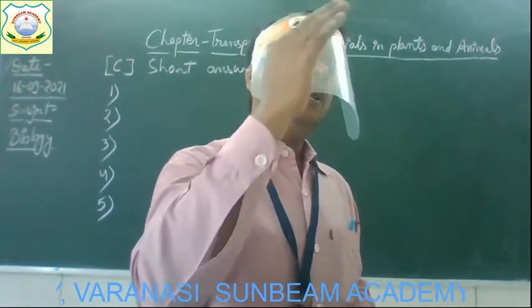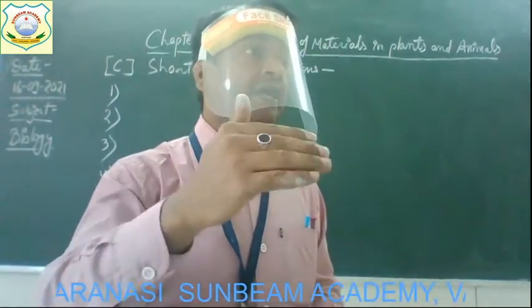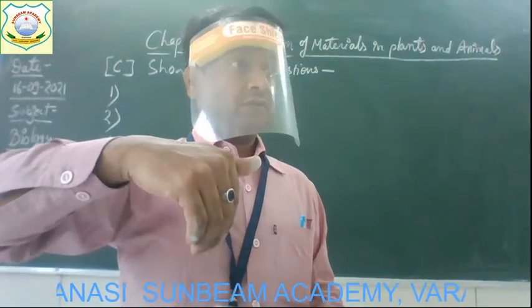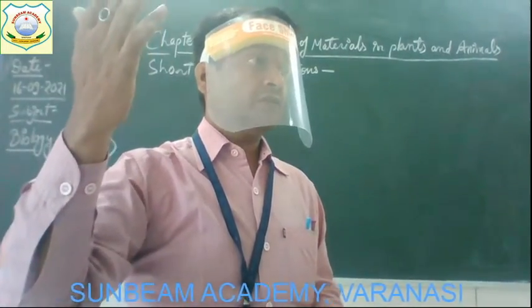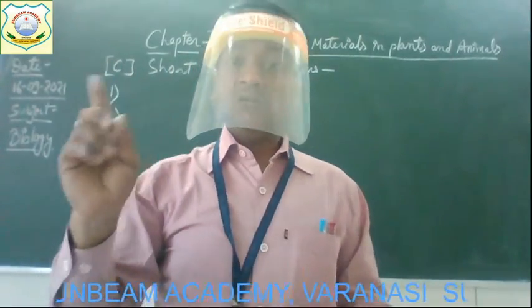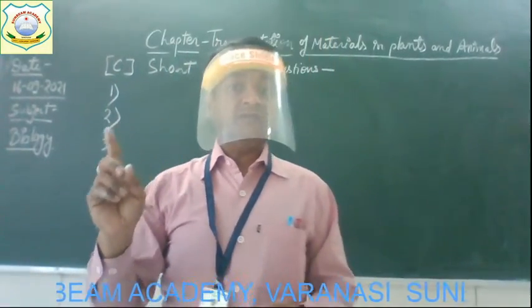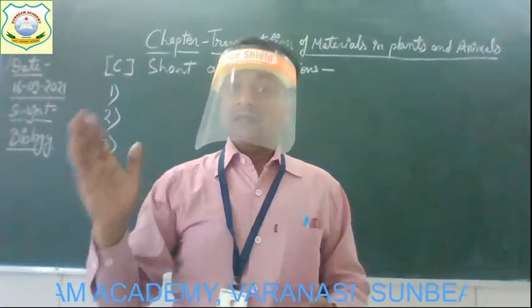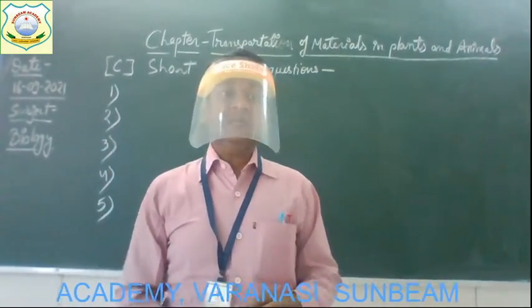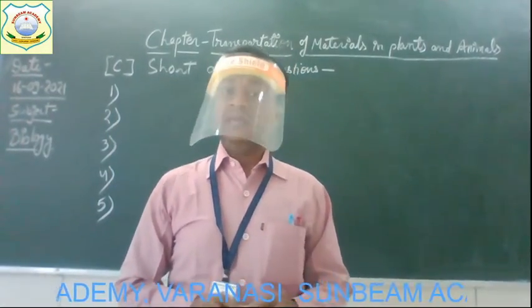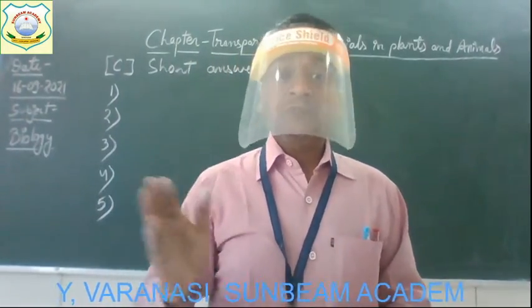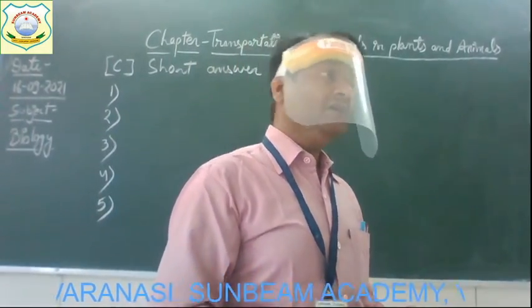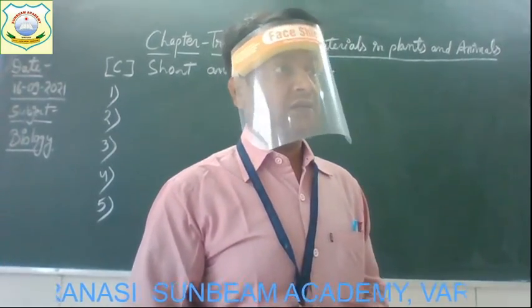These valves allow the movement of the blood only in one direction, not in the opposite or wrong direction. So the valves, present inside the heart between two chambers, prevent the blood from going in the wrong direction in the heart.